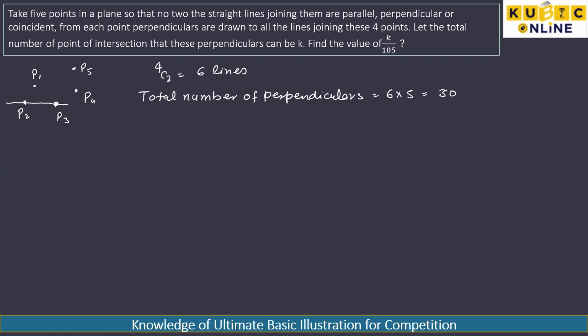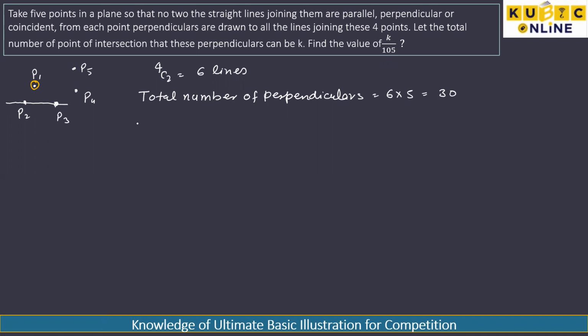So it is 30 perpendiculars, right? If you reserve point P1, then with respect to P1 we get 6 perpendiculars. Similarly for P2, similarly for P3, P4, P5. So the total number of perpendiculars will be 30.